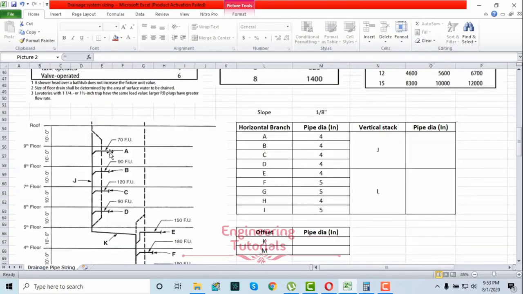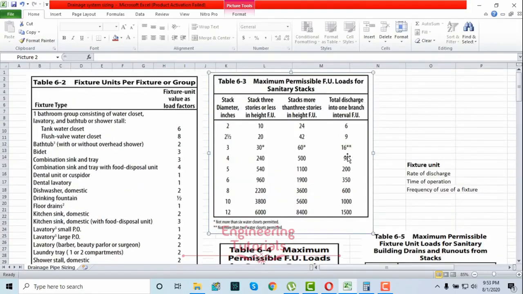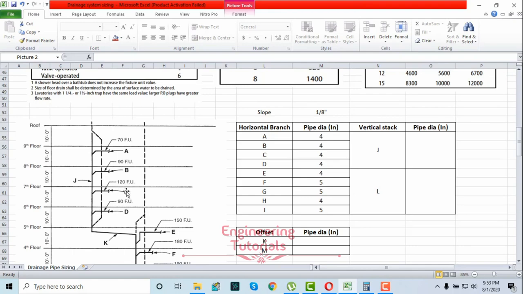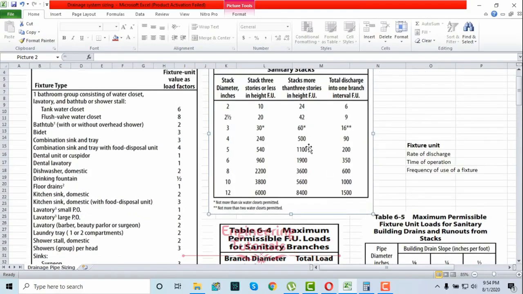If you check, you find that this 70 is okay, 90 is okay, 90 is okay, but here we have 120 fixture units. So the branches connected to the stack J are not satisfying the condition of 90 fixture units. This is exceeding in one branch interval, so we cannot take this value for 4-inch pipe size.